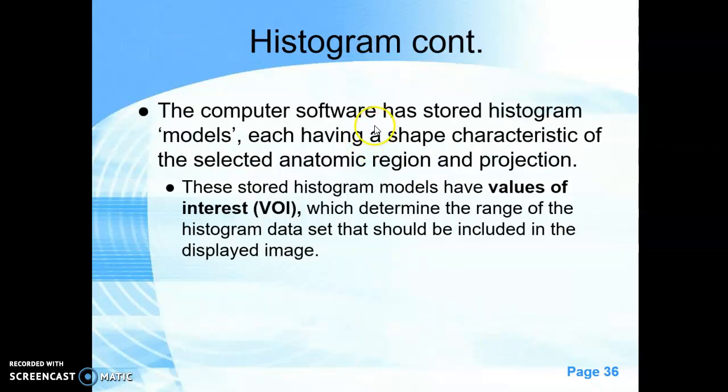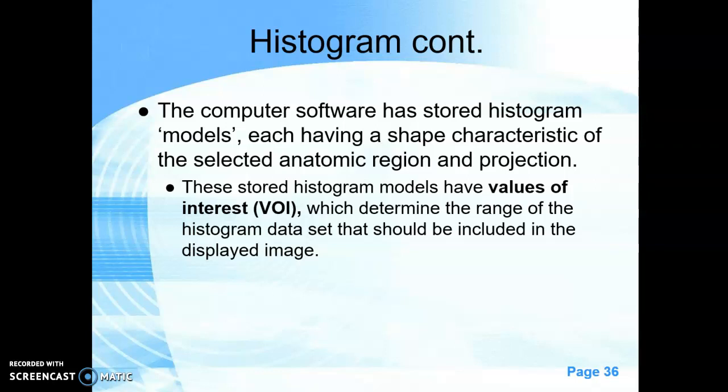The computer software has stored histograms or models, each having a shape characteristic of the selected part, region, and projection. So each exam that you take is going to have a stored histogram or a stored model that should be comparable to the image that you take.